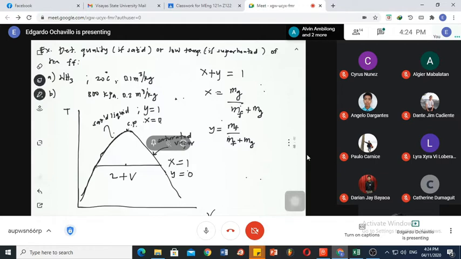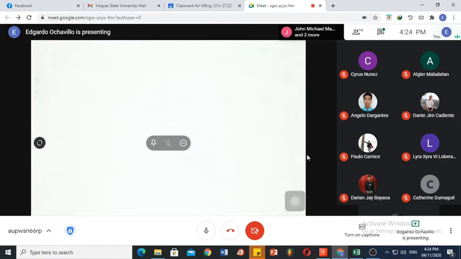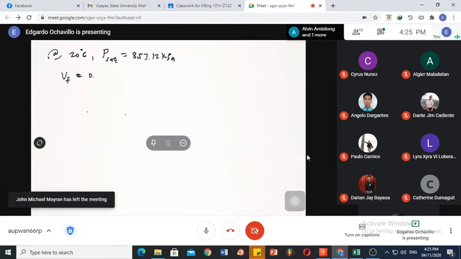With that, you have given 20 degrees Celsius, and if that is saturated, by looking at our saturated tables, we have P sat, saturated, this is 857.12 kilopascal, and its specific volume VF is 0.001639 meter cube per kilogram.